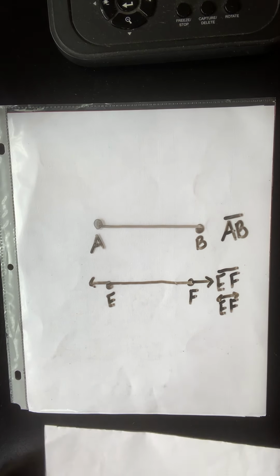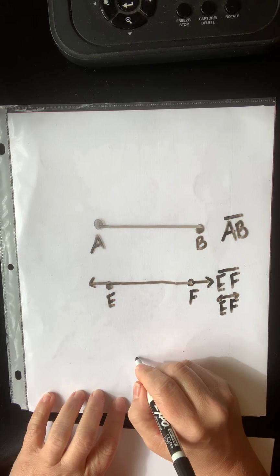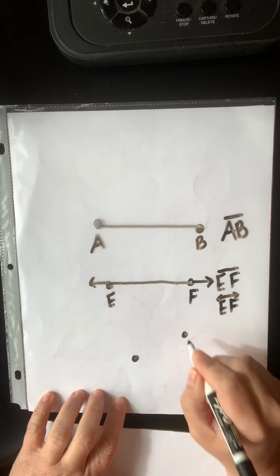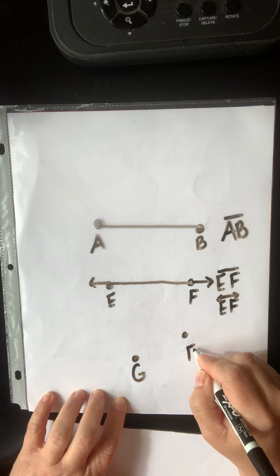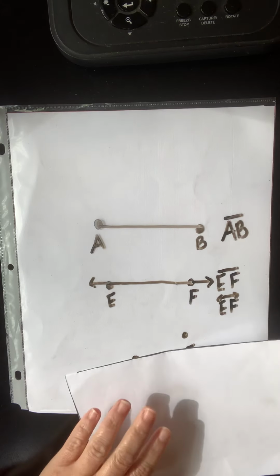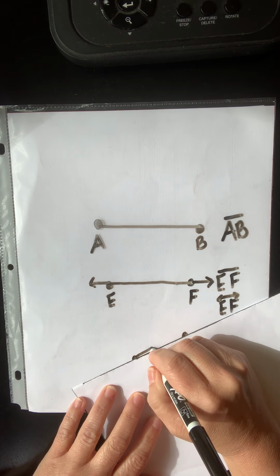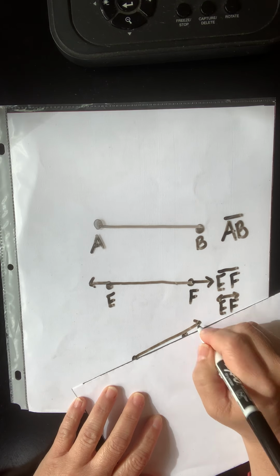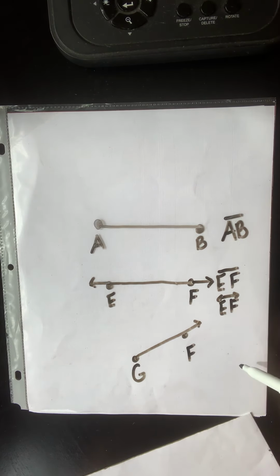Okay, so another term we learned was a ray. So remember, a ray, I have 2 points. So let's go ahead and put 2 points, point G and point F. Okay, and if I connect them, but I go past the F, that means it's extended in that direction.